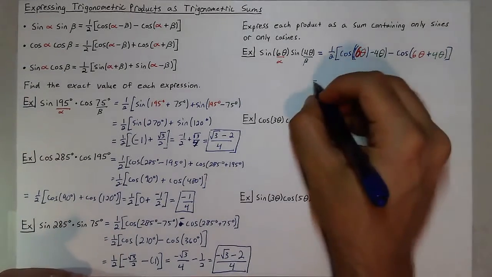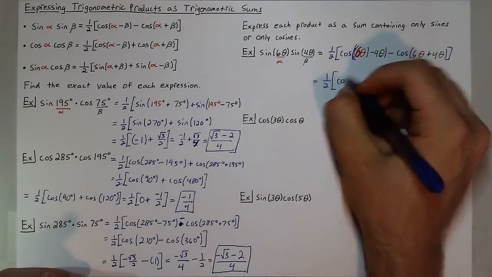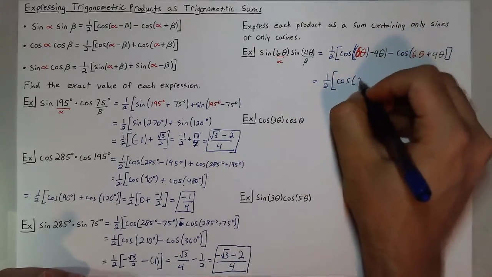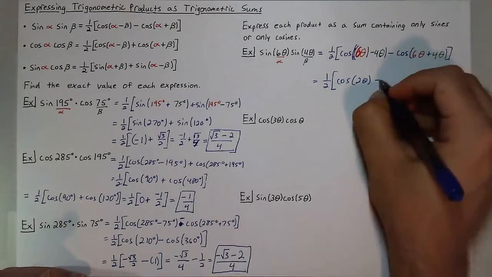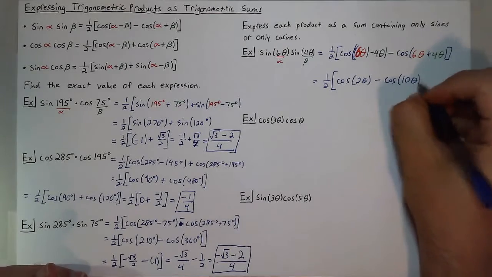That gives me the expression 1/2 of cosine of 6 theta minus 4 theta, which is 2 theta, minus the cosine of 6 theta plus 4 theta, which is 10 theta.